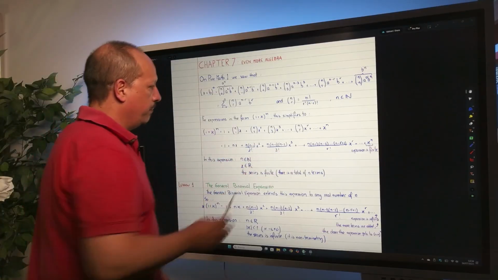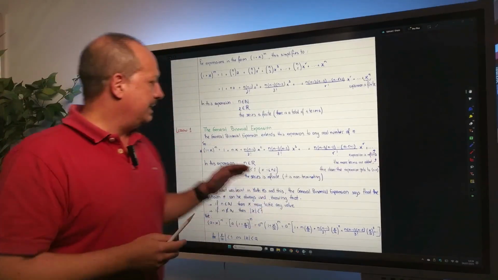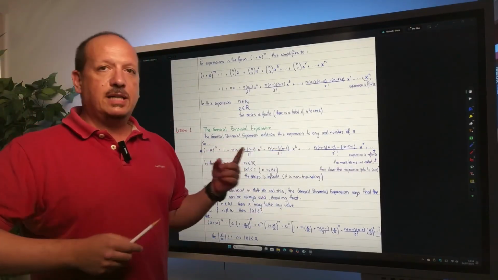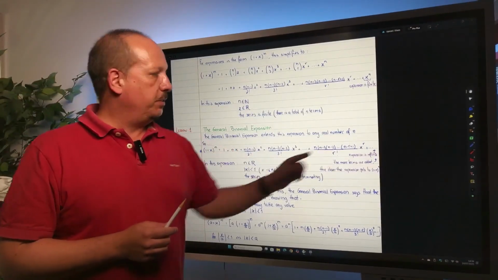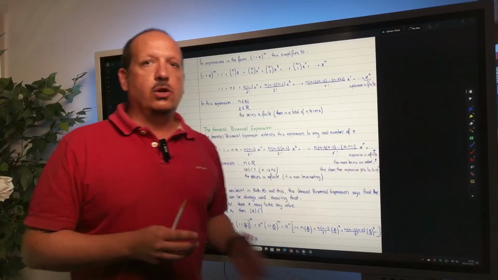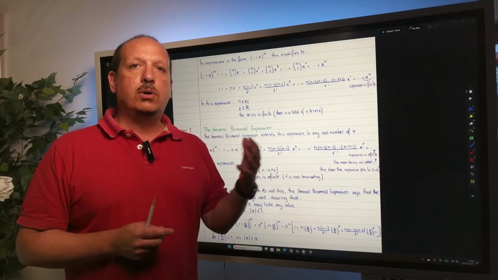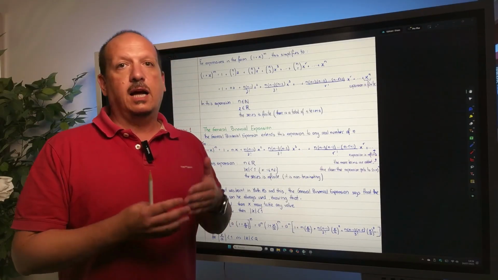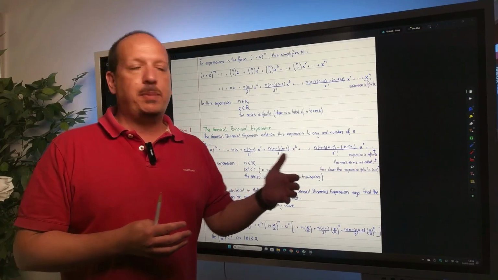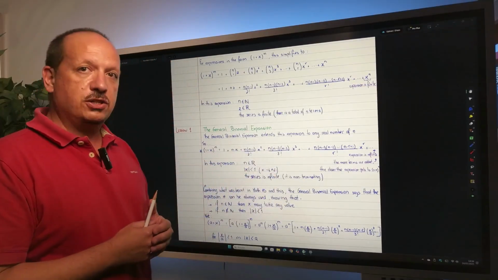Okay? If you try to adapt this formula for the circumstances in which A is 1, you'll end up with this. Okay? And if you look to the new expression that you are going to use this year, this is pretty much the same. But there is one difference. It doesn't end. Okay? This goes on forever. So in most situations, in most questions, the question will tell you the number of terms that you need to expand. Okay? And again, the higher the number of terms that you expand, the closer the overall result will be to the expansion that you have.